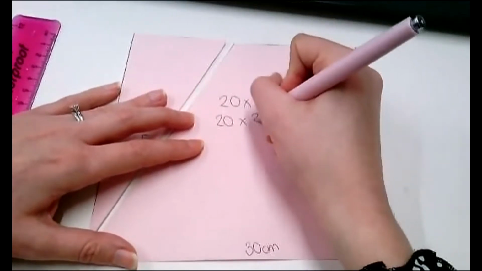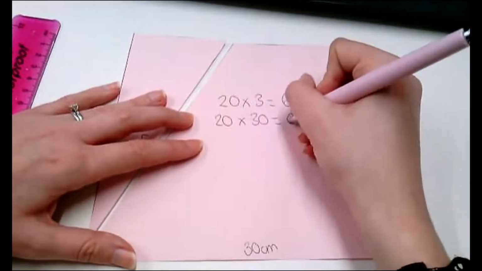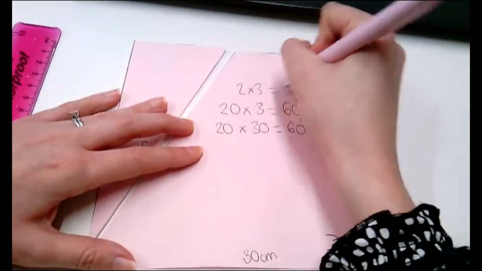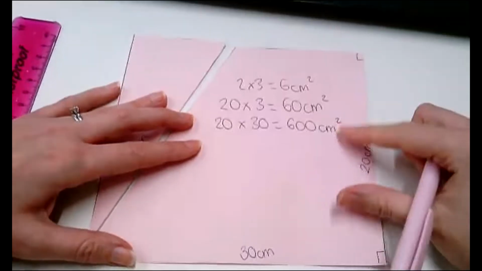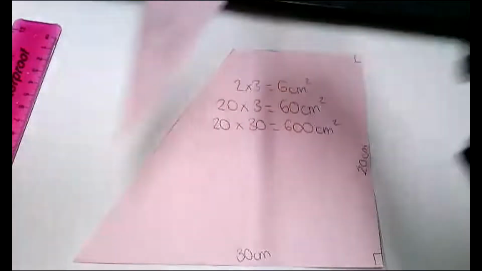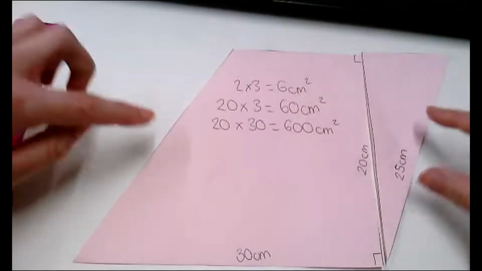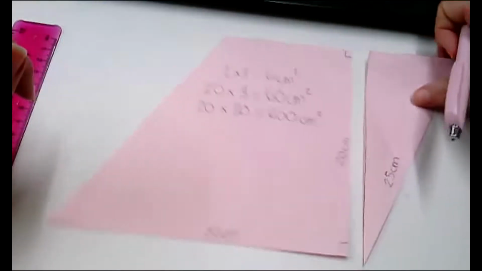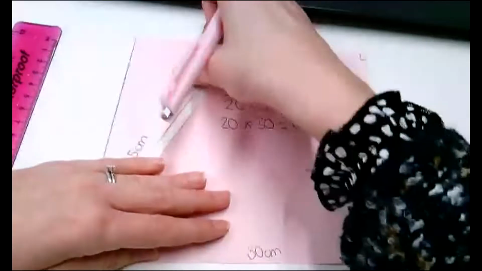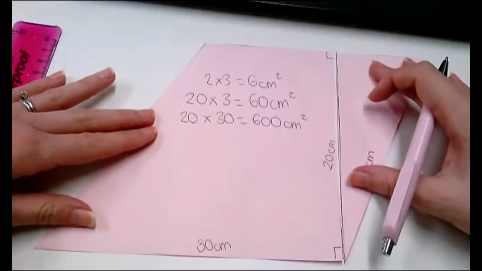So what's 20 times 30? 600 centimetres squared. So the area of this parallelogram is 600 centimetres squared. Okay? Because you've changed it, it is still the parallelogram, and we've taken part of it and we've moved it over here. Now, let's put it back in its original form.